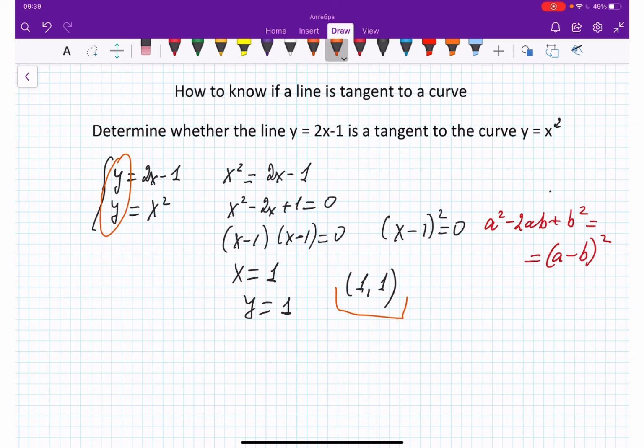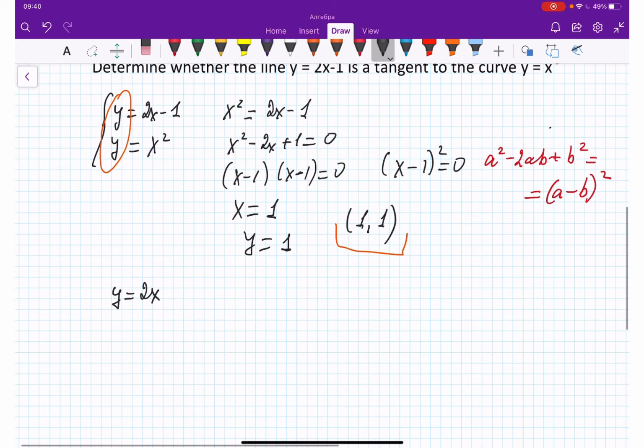So what we are going to do, we know that the slope of the tangent line of the curve is the derivative of that curve, right? So we are taking y is equal to x squared. I'm going to take the first derivative.